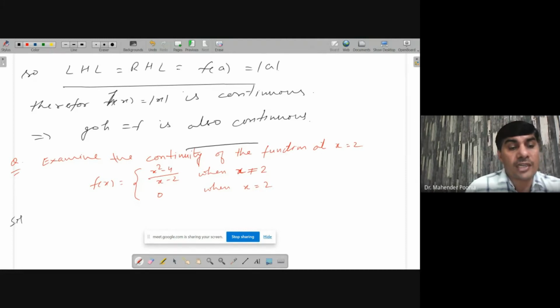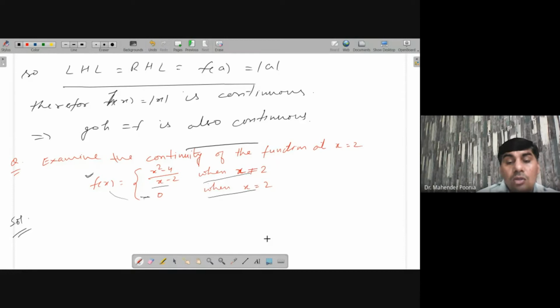We have to examine the continuity of this function. The function is defined as x square minus 4 divided by x minus 2 when x does not equal 2. That means the value of x not equal to 2. When x is 2, the value of the function is given as 0.